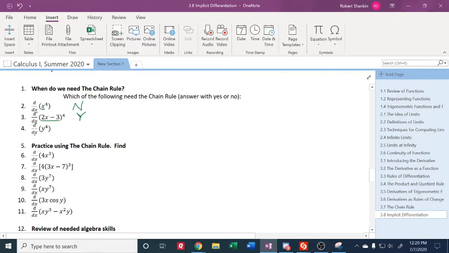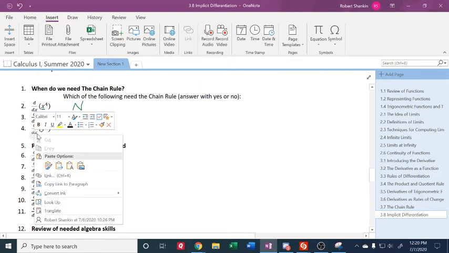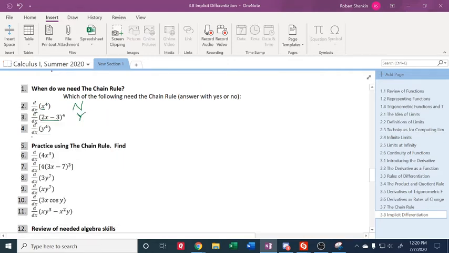These two things don't match exactly. They have to match exactly to not have to use the chain rule. When this is not matching, what's the case is that y is itself some function of x. In fact, y could be 2x minus 3.